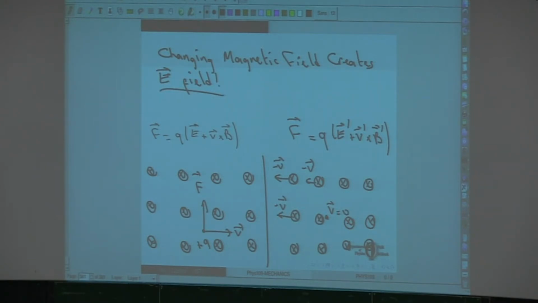Historically, we have defined them in this form. There is a force that this charge will feel which is independent of its velocity, which I call the electric force. There is another force which depends on the velocity of the charge, which I call the magnetic force.